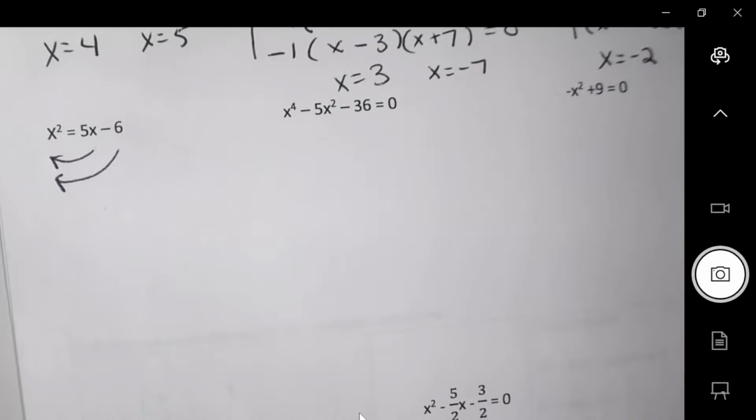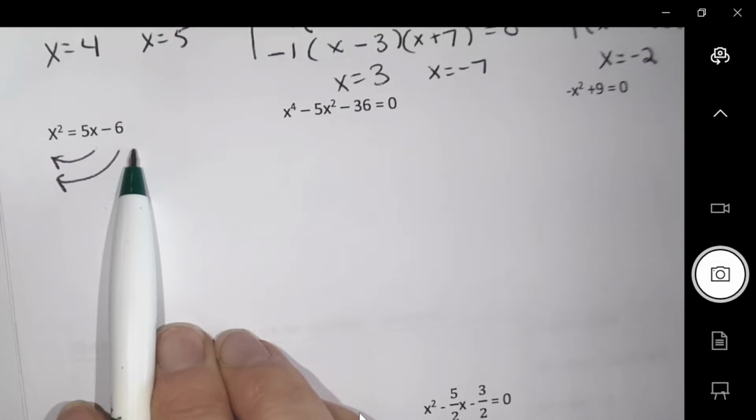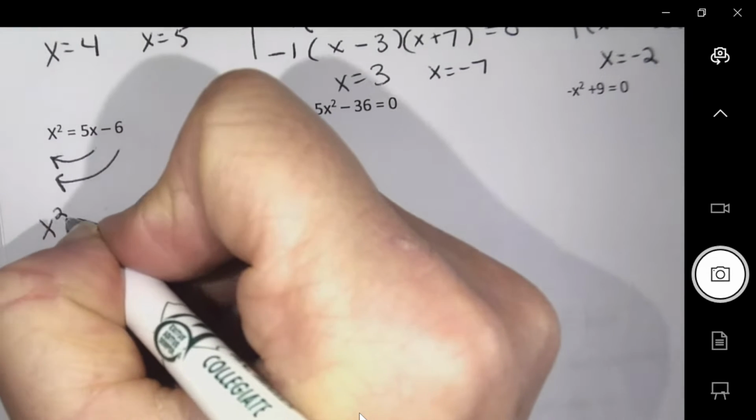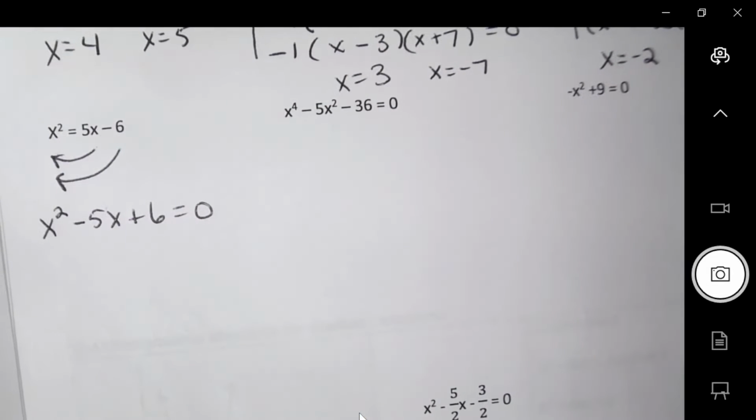Why did I not want to do it the other way? If I move this over there, it would become -x squared. Now I've given myself another problem. I got a -x squared. Okay, be careful when you move. Every time you move something over, it changes.